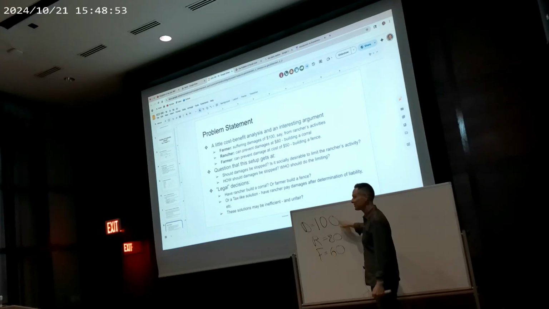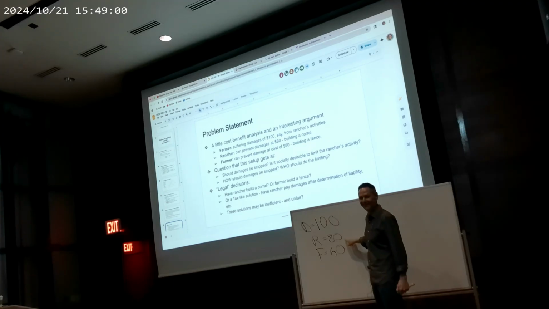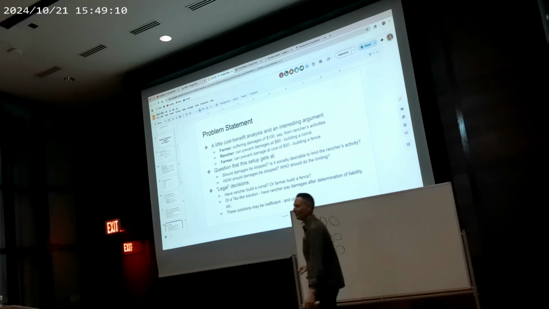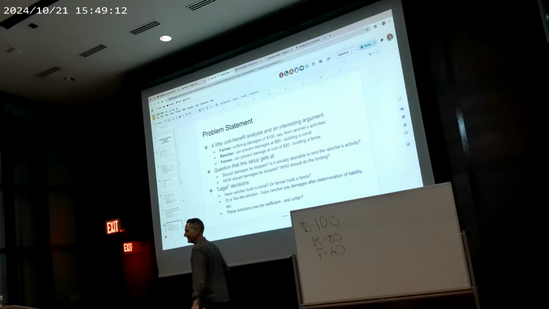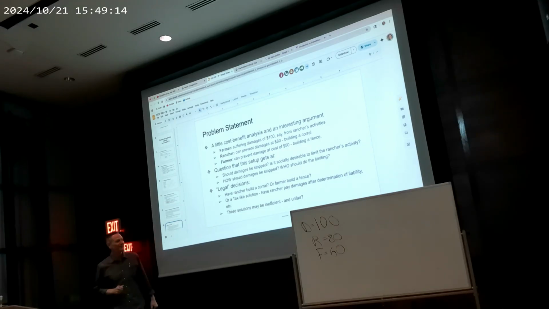They're either going to be damages to crops, which have this value, or damages to our wallets, which is going to be this. So we can either pay 60 or 100, or 80 or 100, but in any case we should prevent the damages. So that's one thing I'm trying to show with this. Yes, we want to control the herd. It's economically beneficial to control the herd.